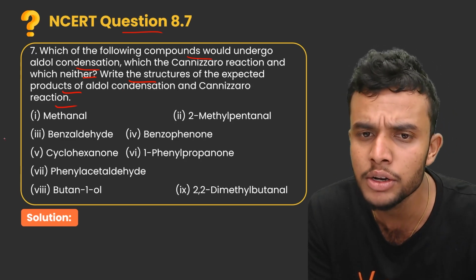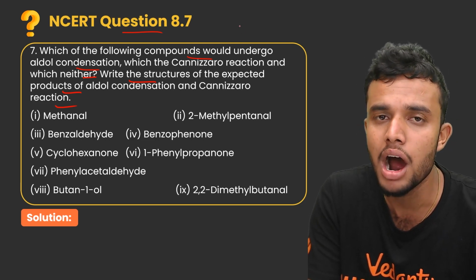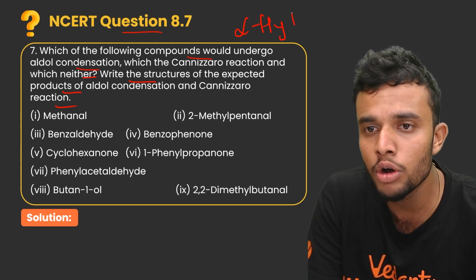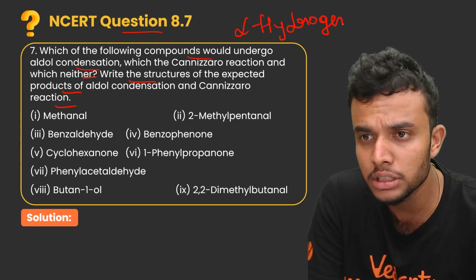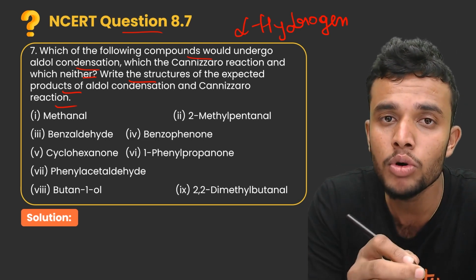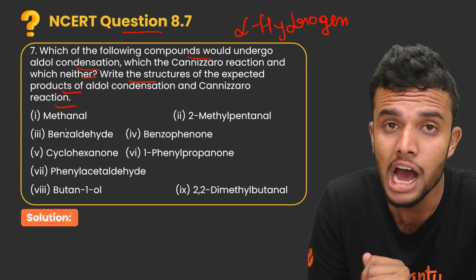First one, methanol. We already know that for aldol condensation, the aldehyde or ketone must have one or more alpha hydrogens. Alpha hydrogen is on the carbon next to the functional group, a CH2 or CH3 group. In methanol, is alpha hydrogen there?